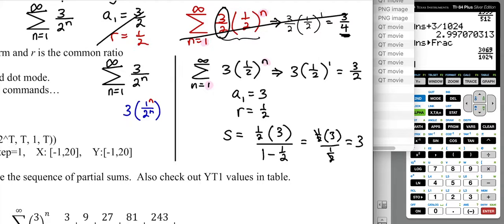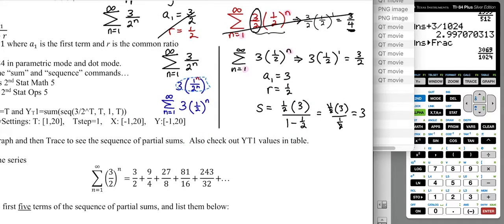And so that allows me to rewrite this as 3 times 1/2 to the nth power, and the summation would come along for the ride. So much simpler.